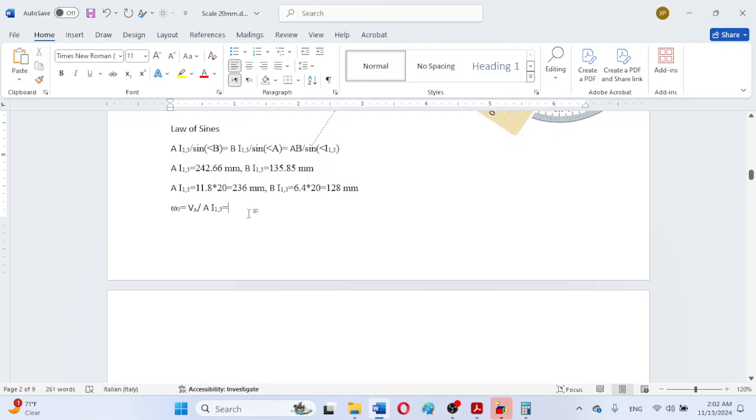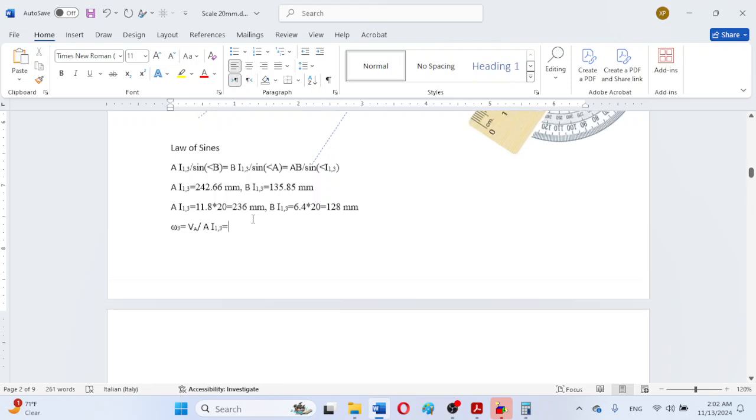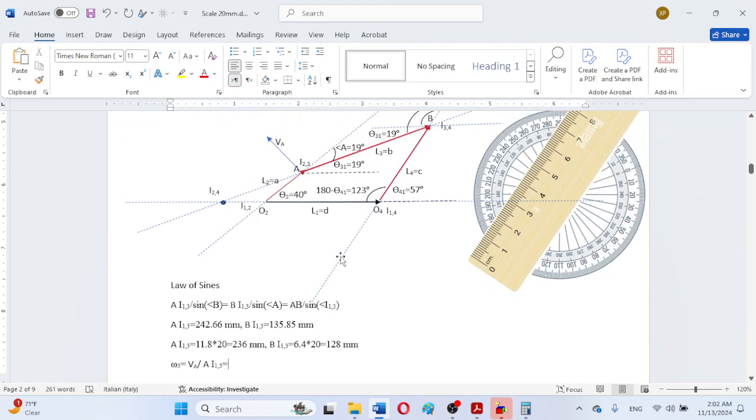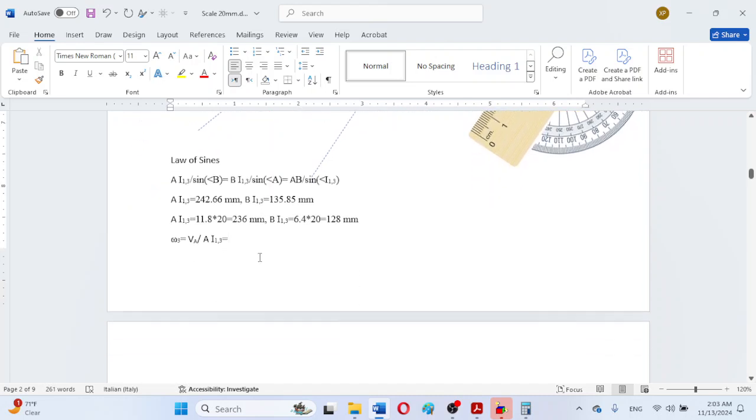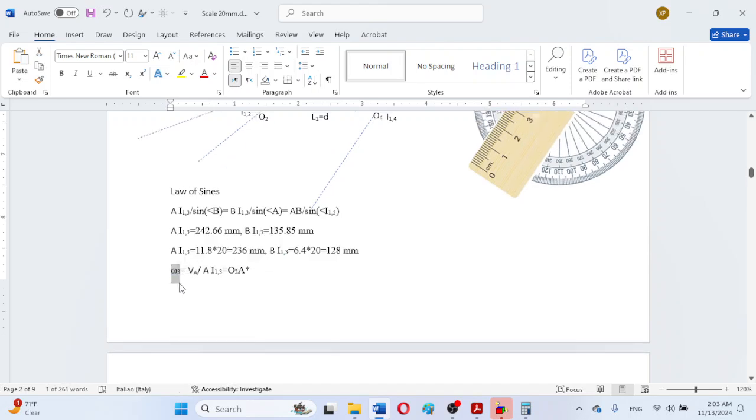And as we can observe, VA is practically equal to, with the help of this crank about pivot O2, R omega, where R was actually O subscript 2 A, multiplied by omega 2, that was the angular velocity.